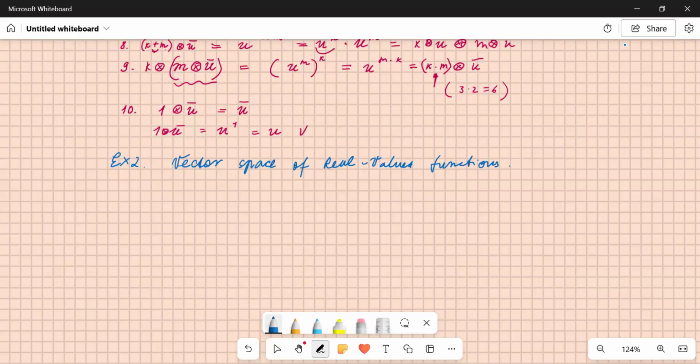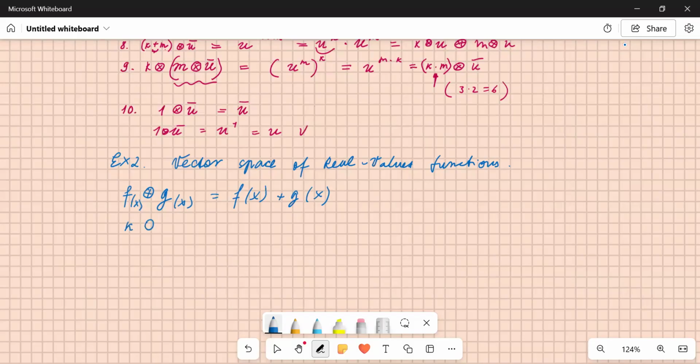Well, kind of functions. Just any functions you know from calculus. So we're going to define addition of two functions as just a sum of the functions, just regular sum of two functions. Just instead of one number, you are going to have a third function, right? If you have one function, another function, and the result is going to be a third function. You just add the functions together.